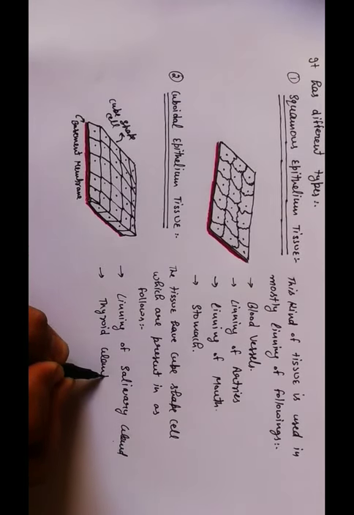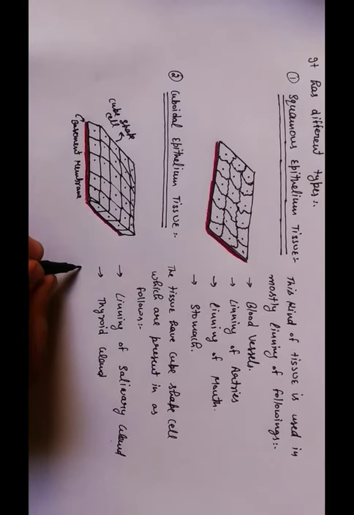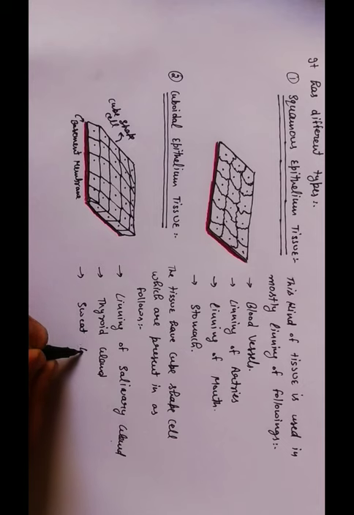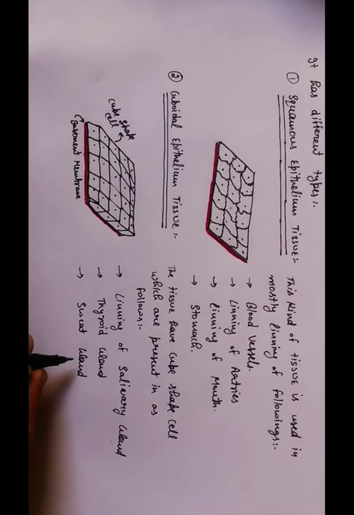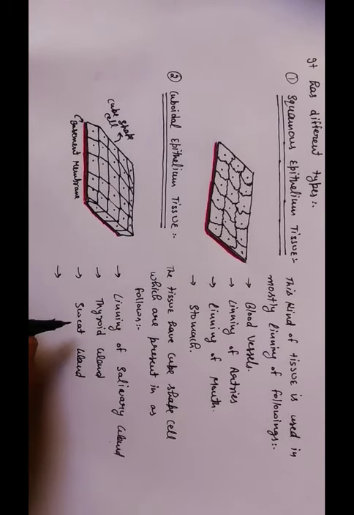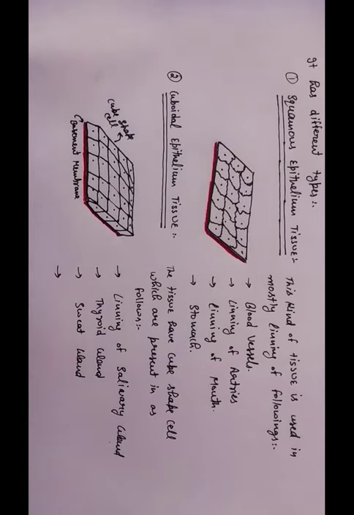Thyroid gland is present in our neck. Sweat gland, this is the gland due to which sweating is created. Salivary gland, thyroid gland, sweat gland. So these kinds of glands are mostly covered by cuboidal epithelium tissue.